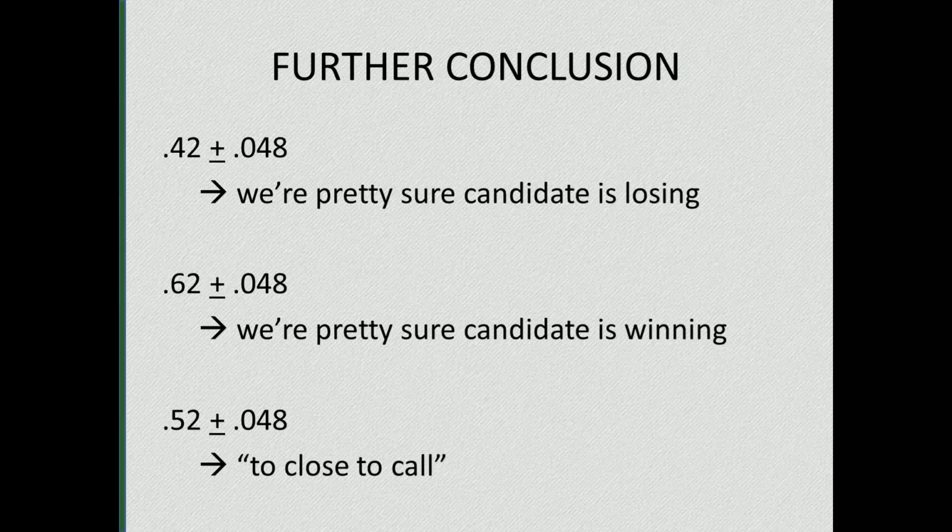Remember that phrase. You'll see it often in discussions of poll results on elections. And so we worked through one example on finding a confidence interval. In the next video, we'll work through a couple more just to make sure we understand things.